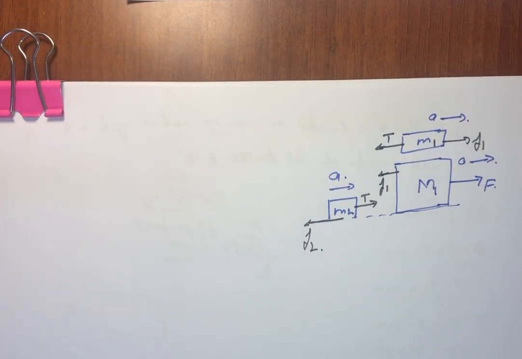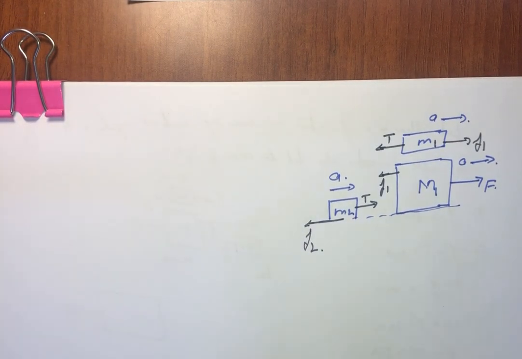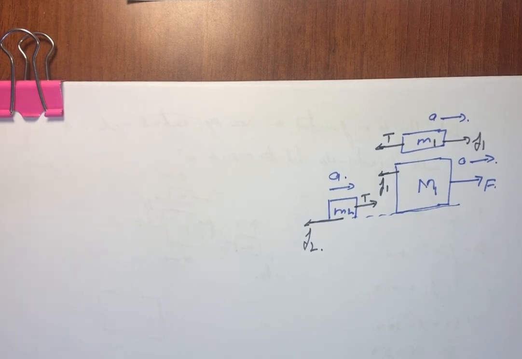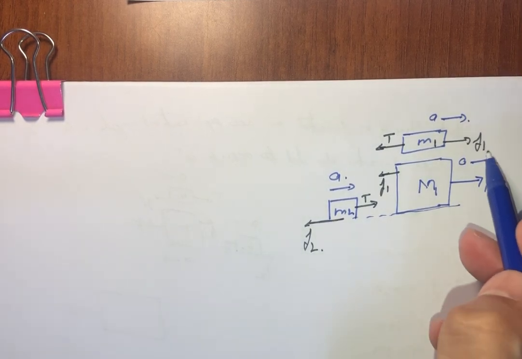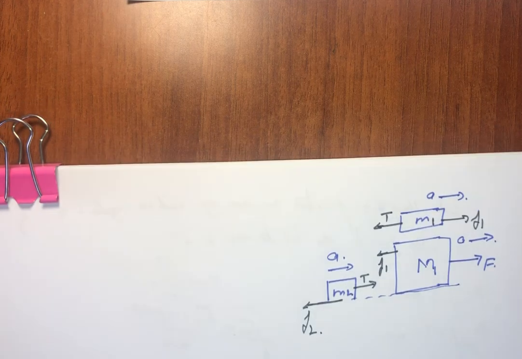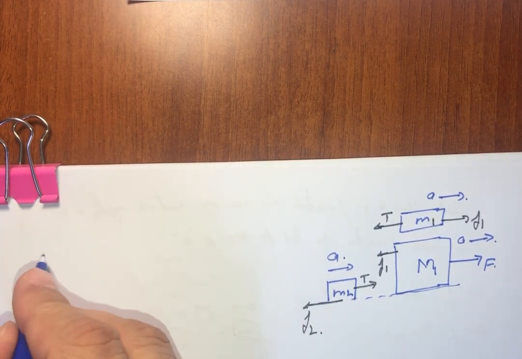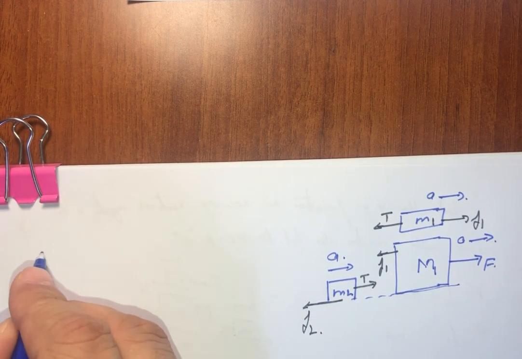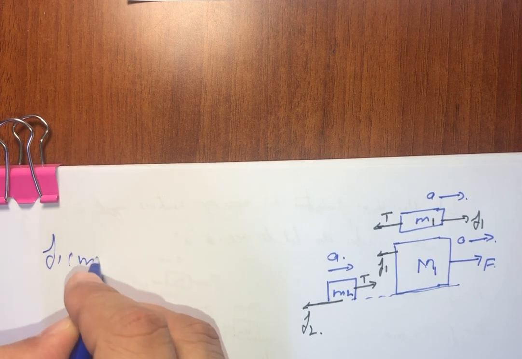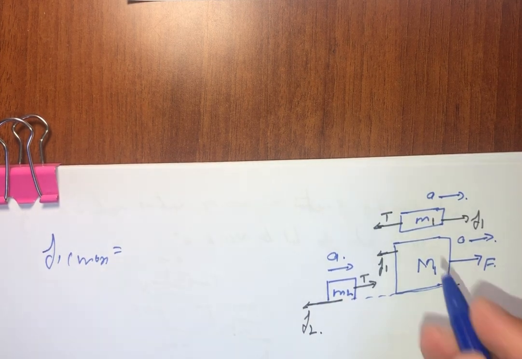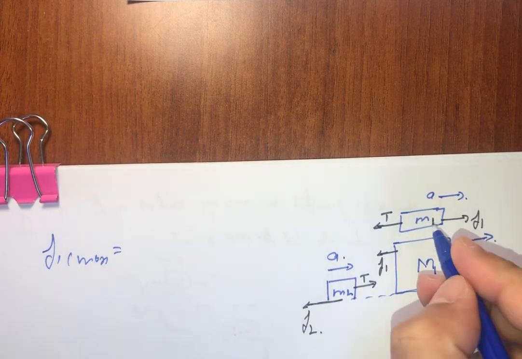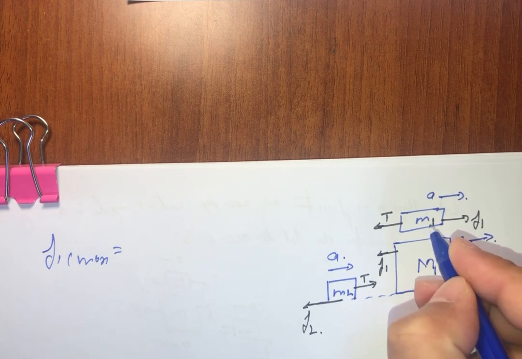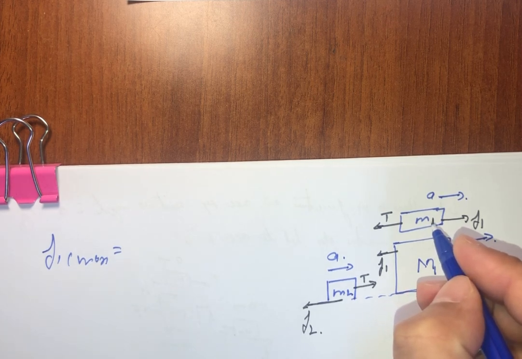So first of all, let us find out what will be the maximum value of the friction F1 and F2. We can say that F1 max will be equal to, its M1 weight is given as, M1 is 20 kg.